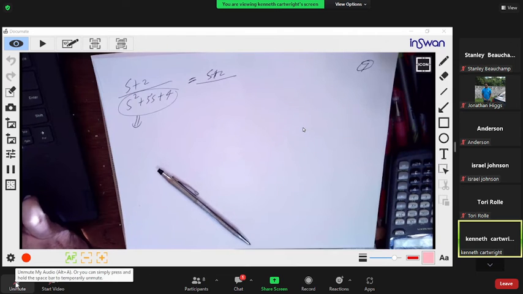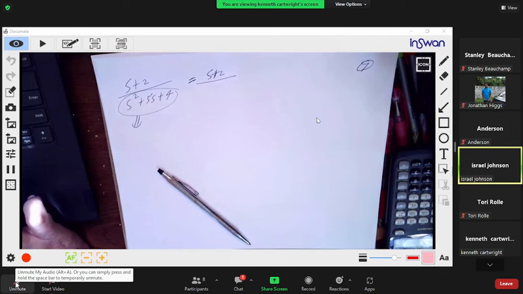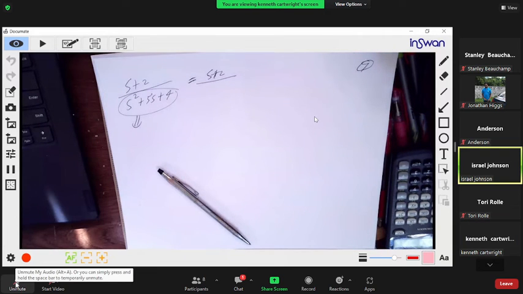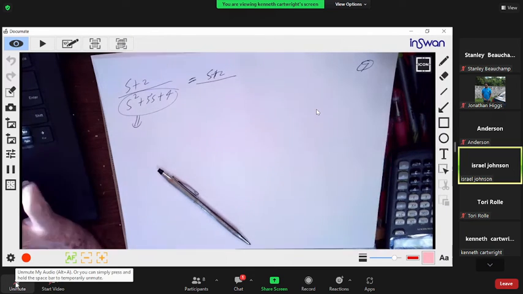Yeah, that's right, because you're using your calculator properly. Could I tell you the answer, or the roots? Yes, go ahead. s equals negative 4 and s equals negative 1.